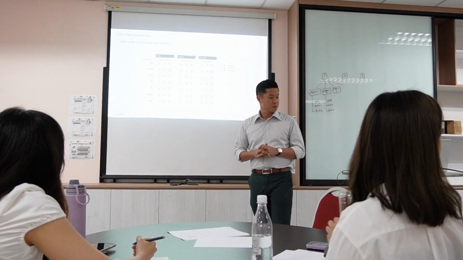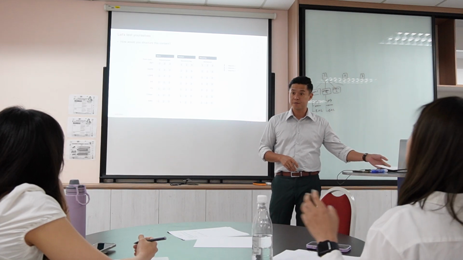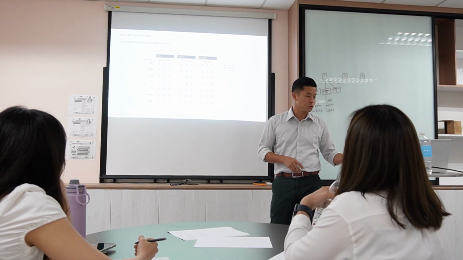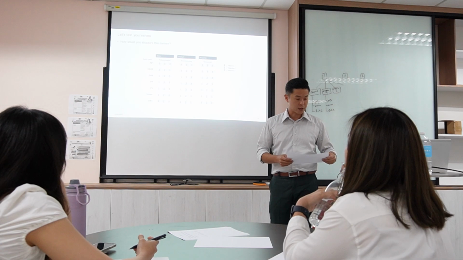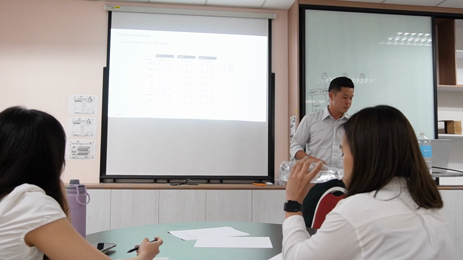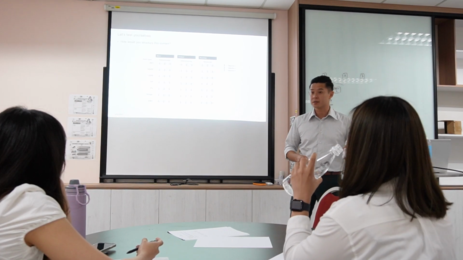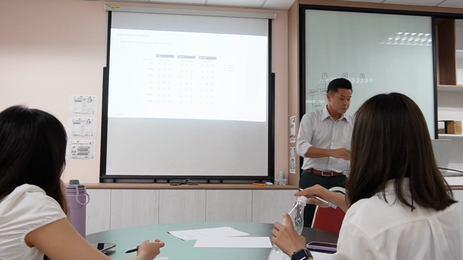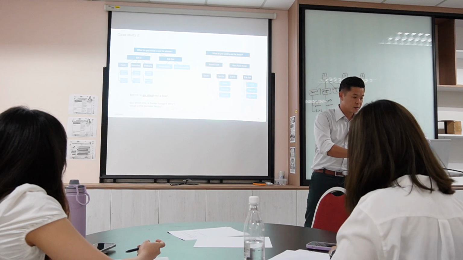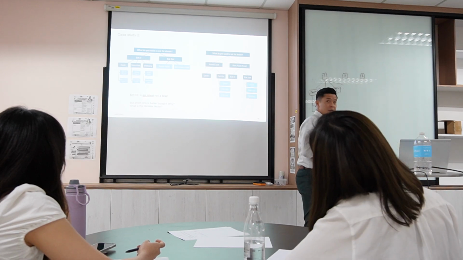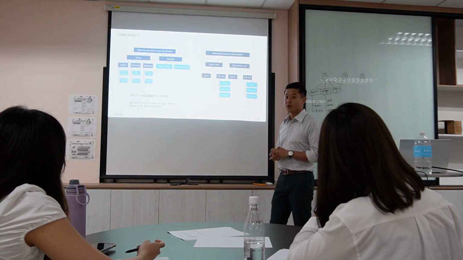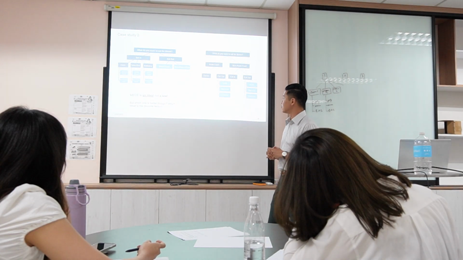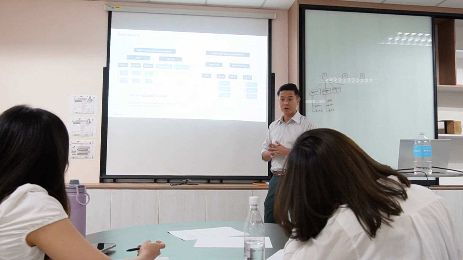So for the last hour of this training, we'll go into module 3. I'll just wrap up what we discussed about module 2. I just want to reiterate again: the MECE principle is really an ideal case.